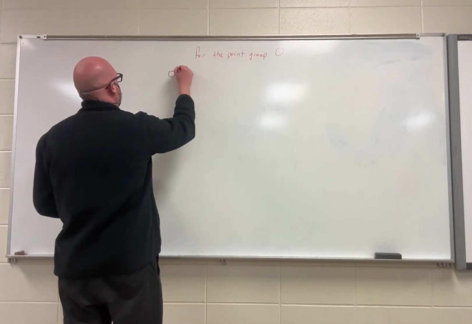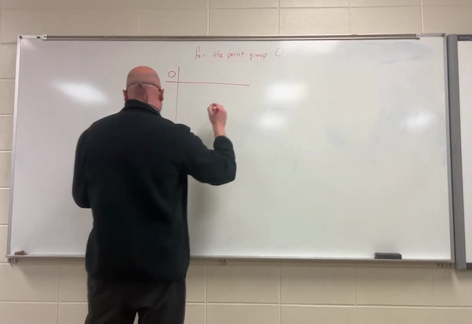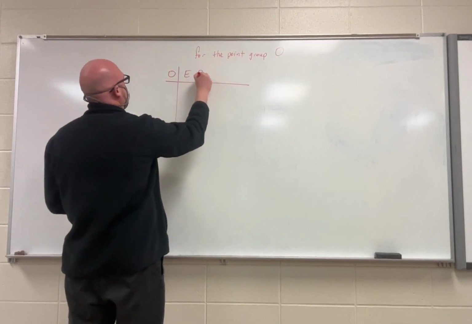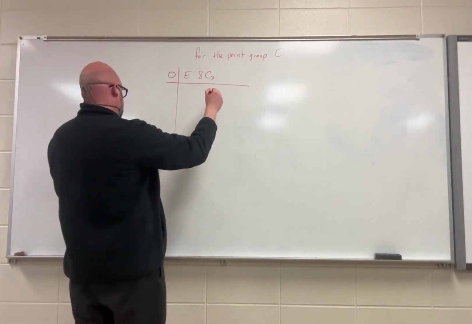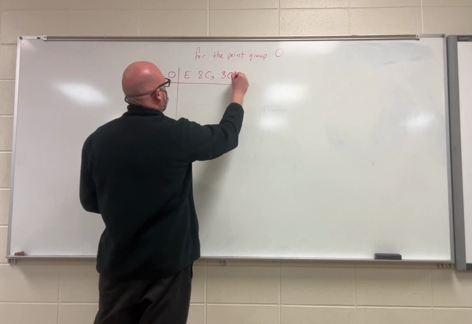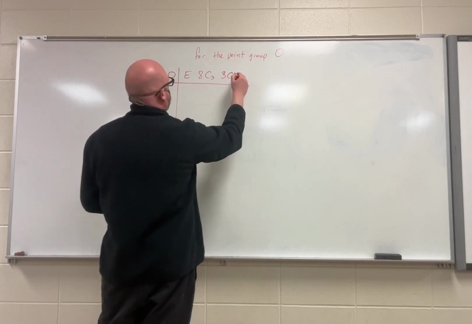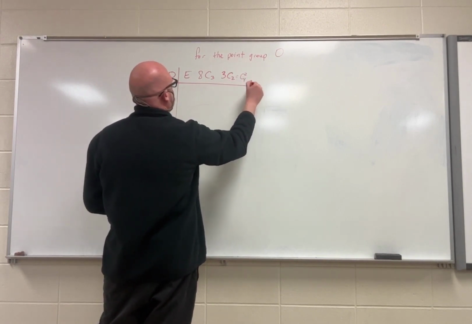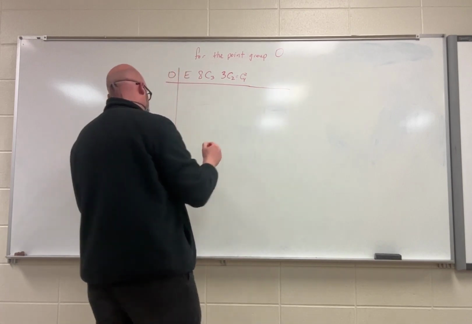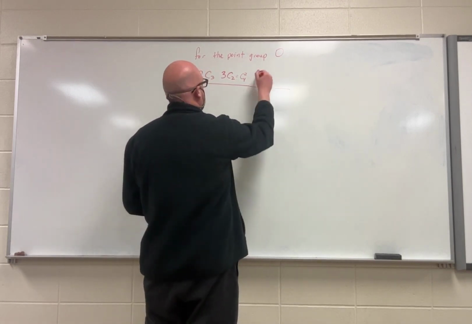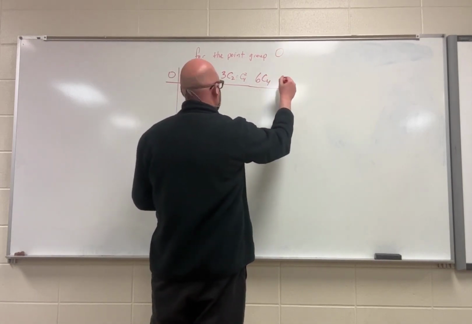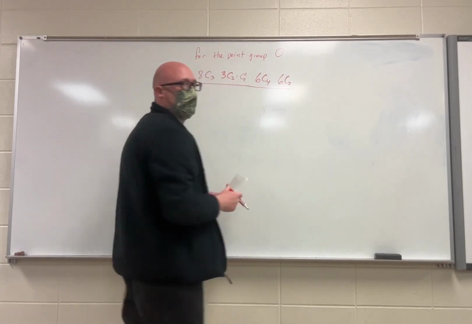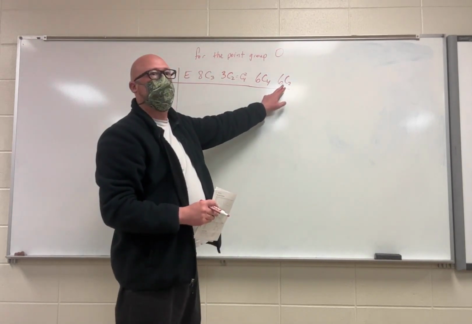So for O, you have E, 8 C3s, 3 C2s, which are equal to C4 squared, and then we have 6 C4s, and 6 C2. So you're talking about these C2s here?